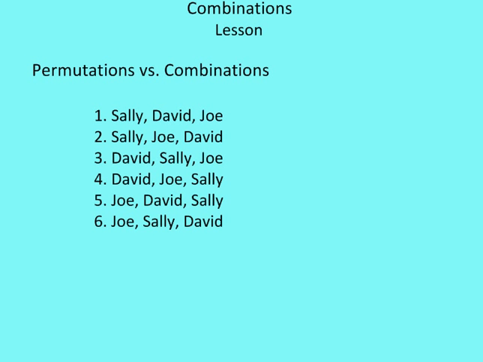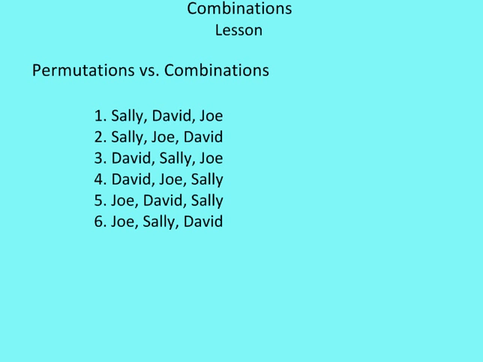And then we rated each of the different baking items for first, second, and third. In the first item, Sally came in first, David came in second, and Joe came in third. In the second, Sally was first, Joe was second, David was third. In the third, David first, Sally second, Joe third, and so on and so forth.